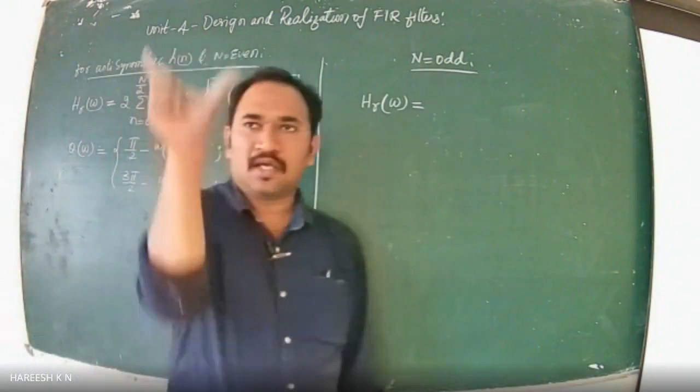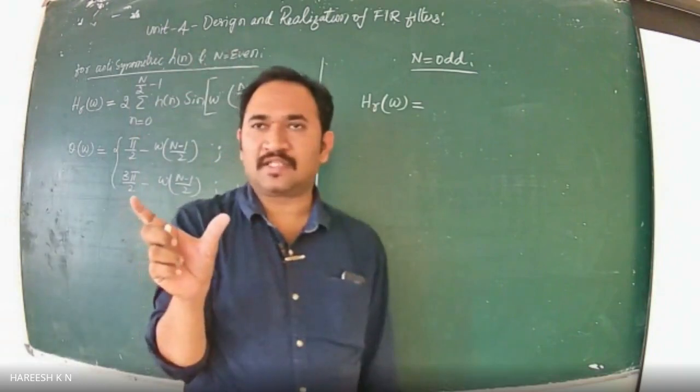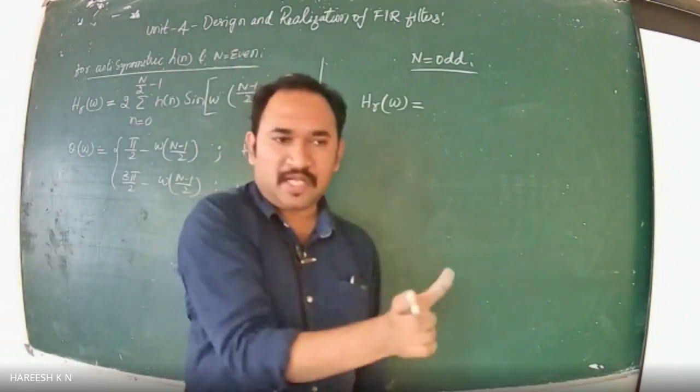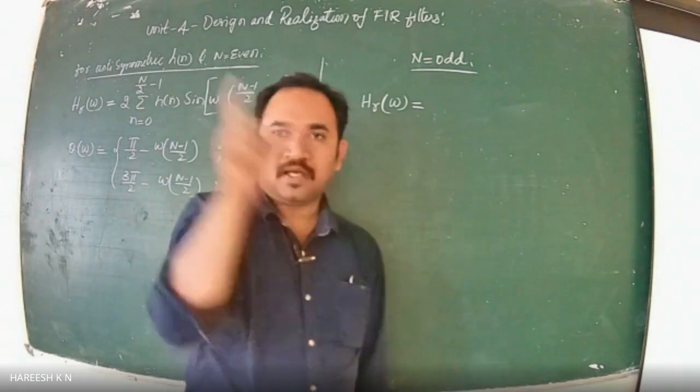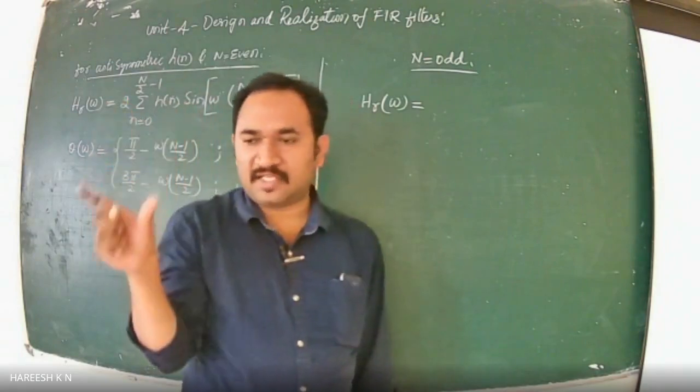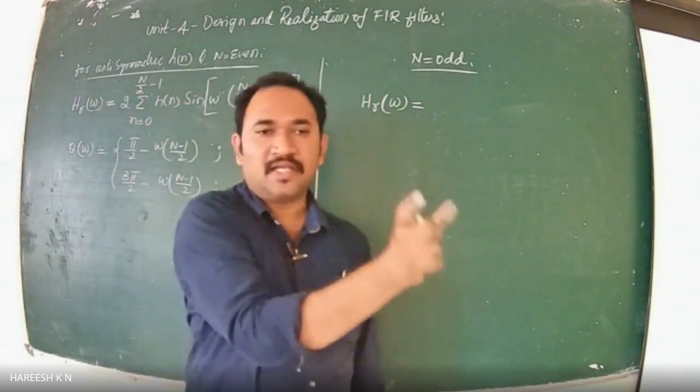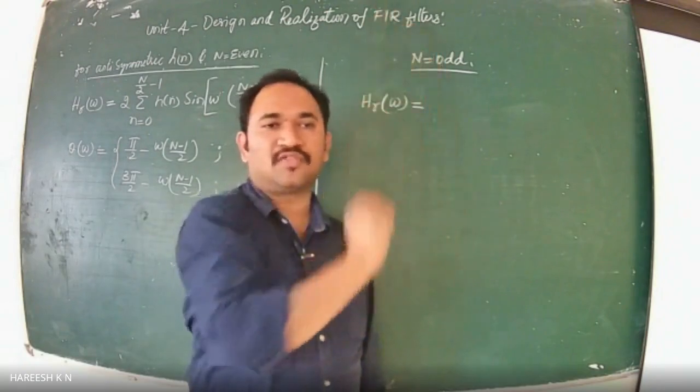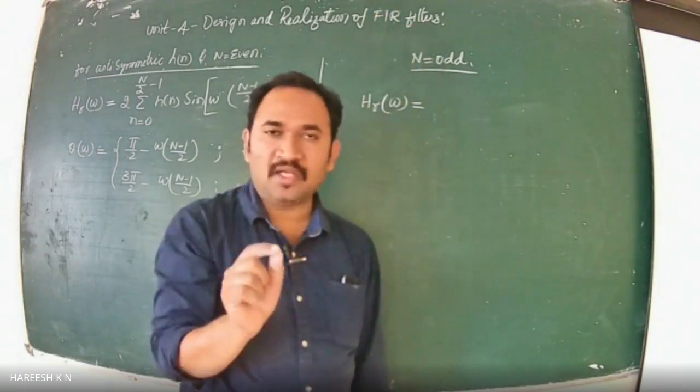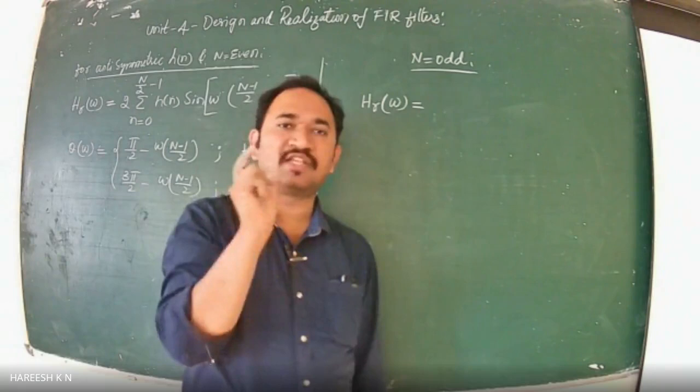For anti-symmetric, if the left side is a positive value, the right side will be negative, and vice versa. At the midpoint, its value will obviously always be 0.